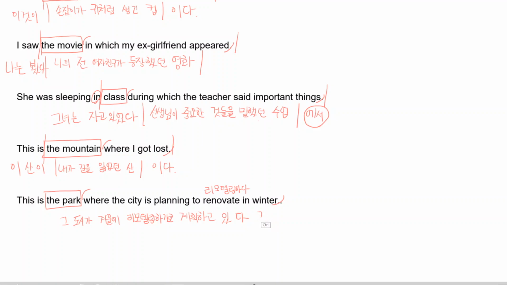So when we translate, we have to say 계획하고 있는 공원. So we have to connect this like this. Okay? So from here to here means this in Korean. So whole sentence is 이것은 그 도시가 겨울에 리모델링 하기로 계획하고 있는 공원이다.